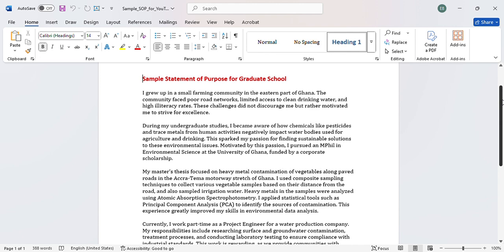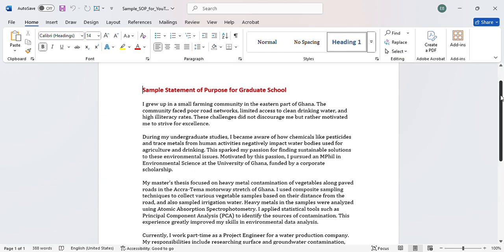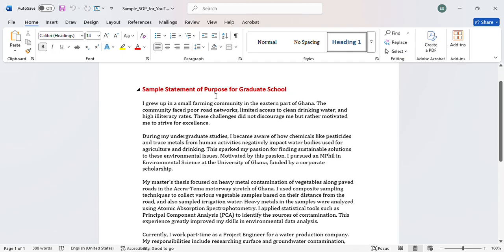So this statement of purpose actually enabled me gain admission into a fully funded PhD program in the US. So let's look at this. The heading is statement of purpose. You can just bring a hyphen here and then add your name.